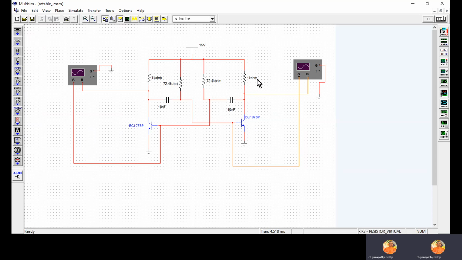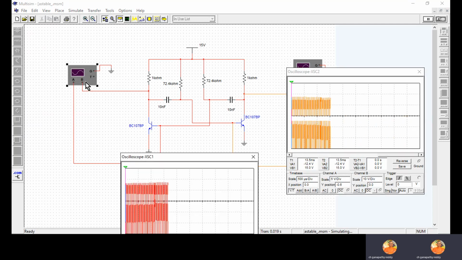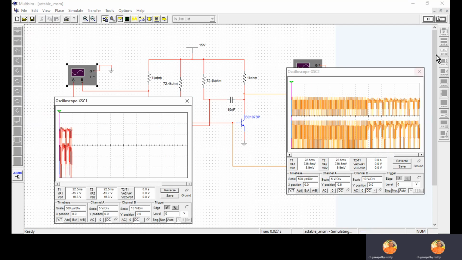So there we designed 1.47, and I kept it 1K. You can also keep it 1.5. Both the emitters are grounded. Collector is given to B channel, base is given to A channel. And for transistor Q1 also, collector is given to B channel, base given to A channel of the CROs. Once you rig up the circuit like this, run the program, then click on both the CROs.